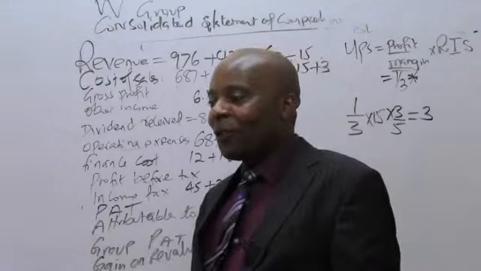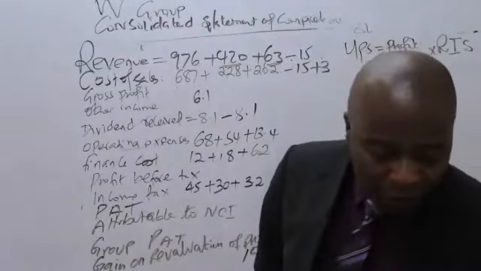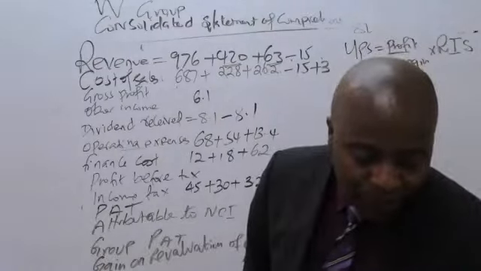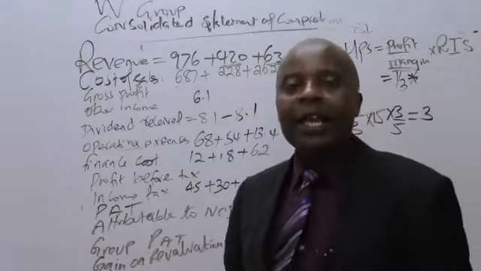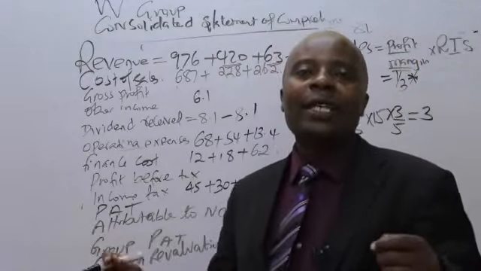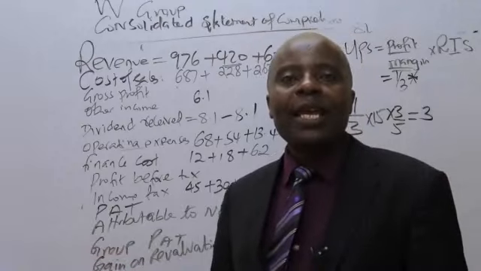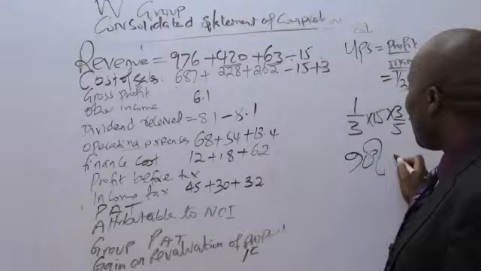How did I get 8.1? Very easy. Look at note number 3. W Limited owns 90% of the equity shares of F. And whatever dividend F declares, W will be getting 90%. So 90% of the 9.